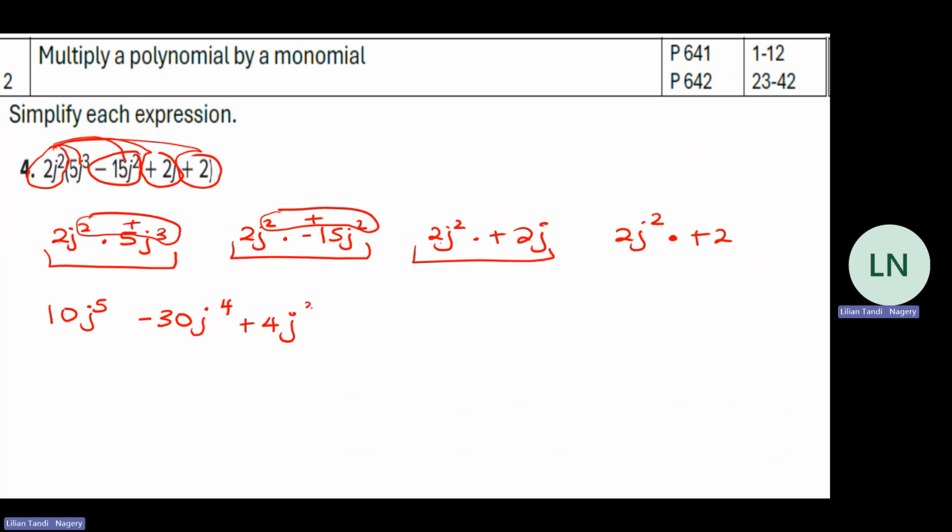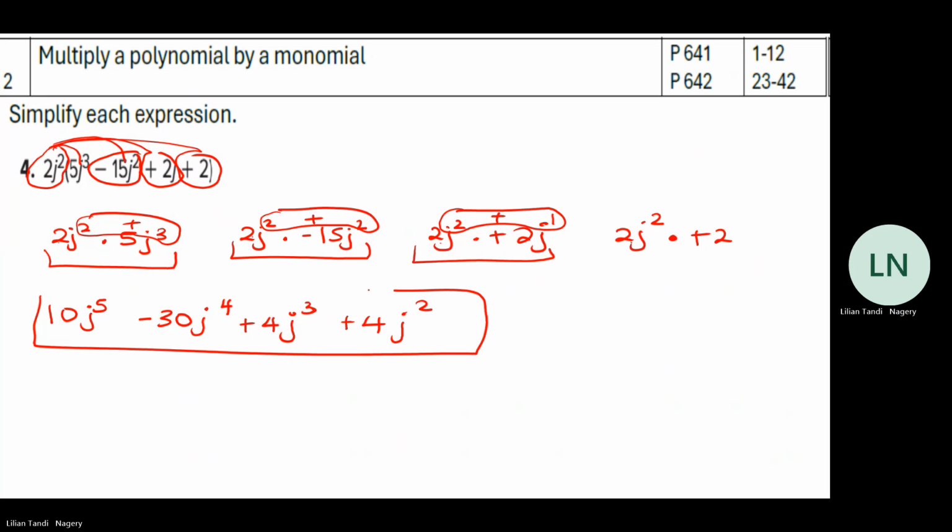J to the 3rd power. How did I know? This is 1. So 2 plus 1 is 3. There is no other j, so 2 times positive 2 is positive 4j squared. And you box your answer.